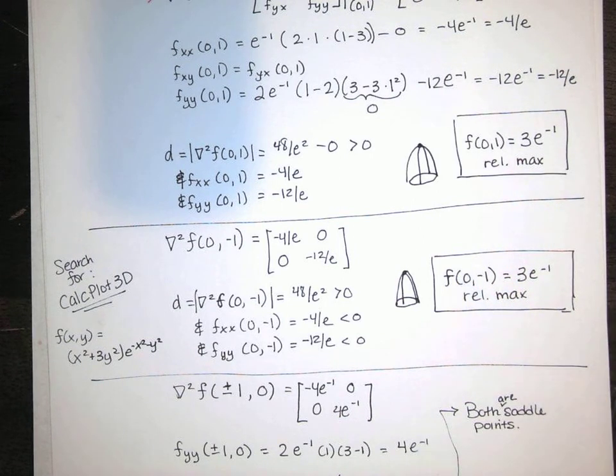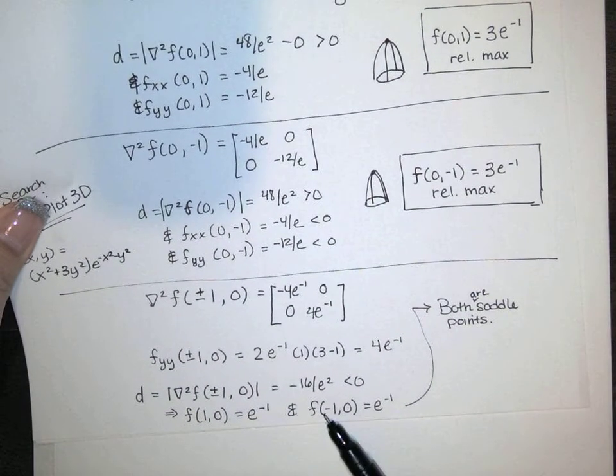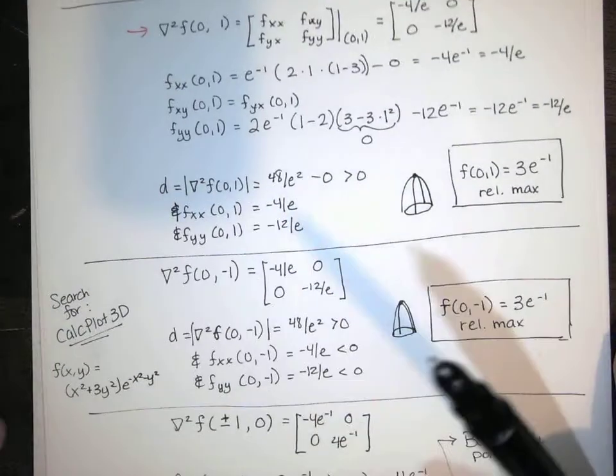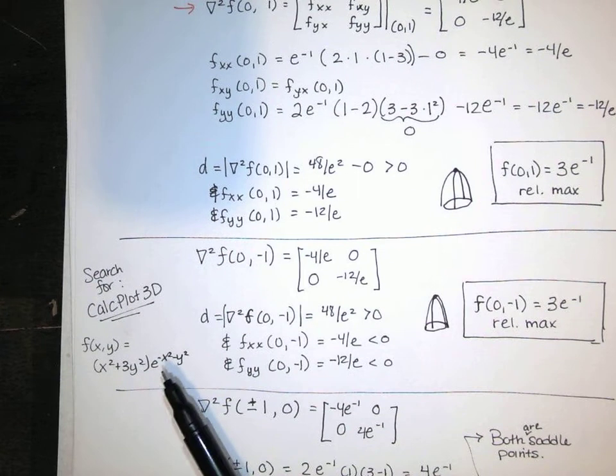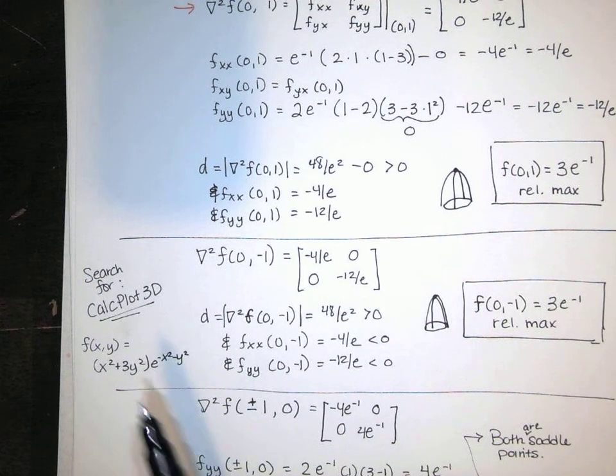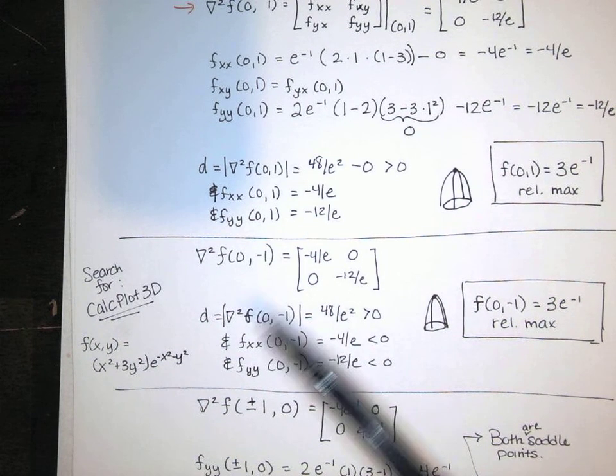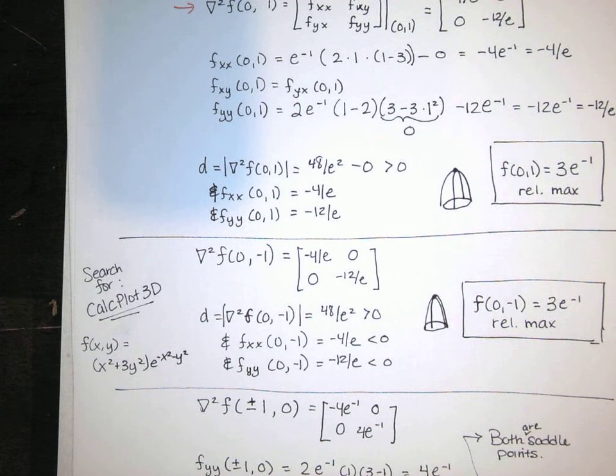And you've got saddle points when y is 0 and x is plus and minus 1. And then you've got a min at 0, 0. So I encourage you to go to CalcPlot3D or Wolfram Alpha and just graph this and see if you can see those 2 saddle points, those 2 maxes, and that min. So that's our example of finding relative extrema of a function of 2 variables.